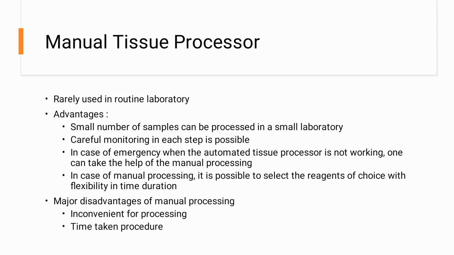In this system, we can select our reagent of choice, and set our time and the type of tissues. The major disadvantage of manual processing is that it is not always possible to perform. It is a very inconvenient and cumbersome process, and it takes a lot of time to perform tissue processing manually.